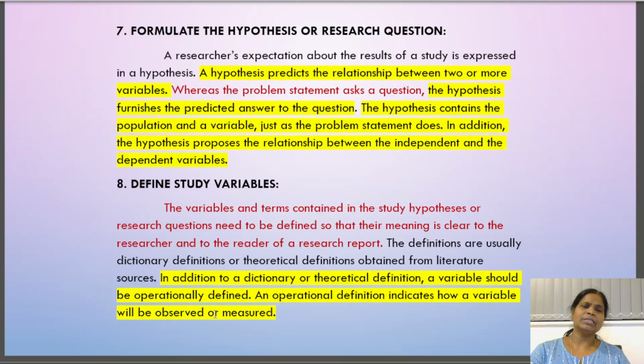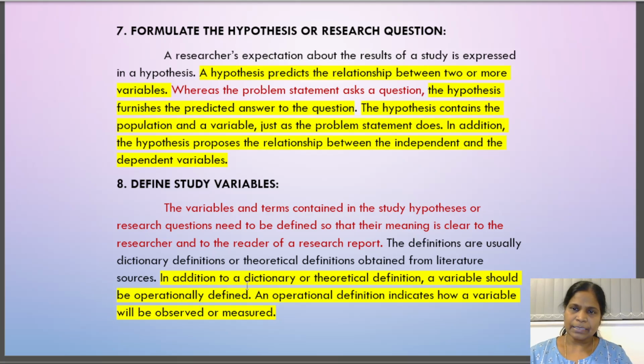The next, seventh step is to formulate the hypothesis or research question. Hypothesis means it predicts a relationship between two variables, independent variable and dependent variable. So you might say there might be a significant relationship or there is no significant relationship.